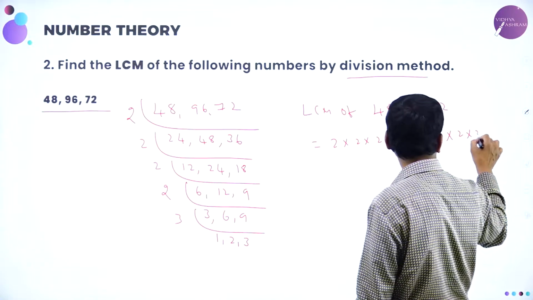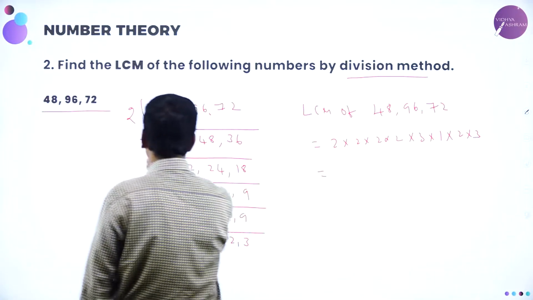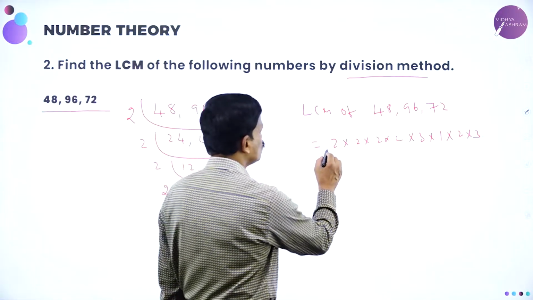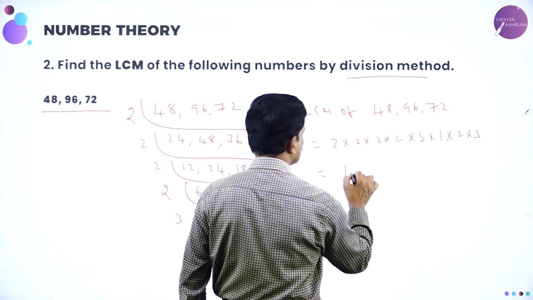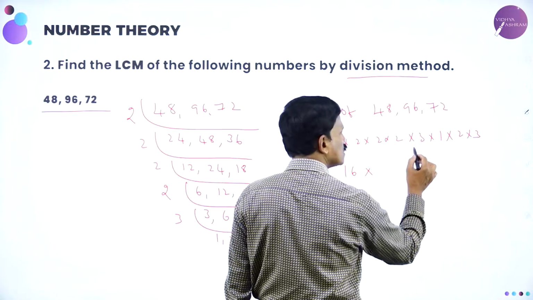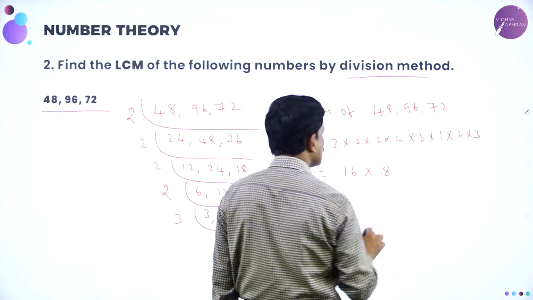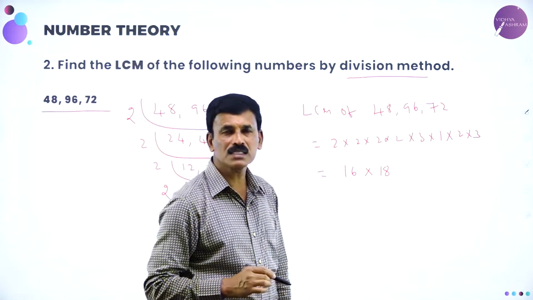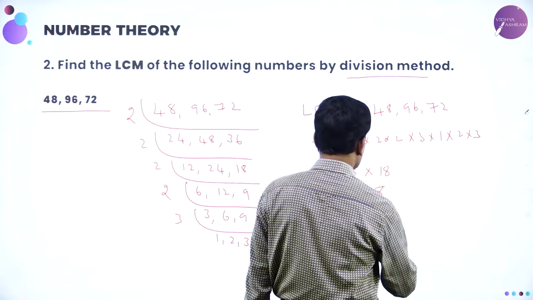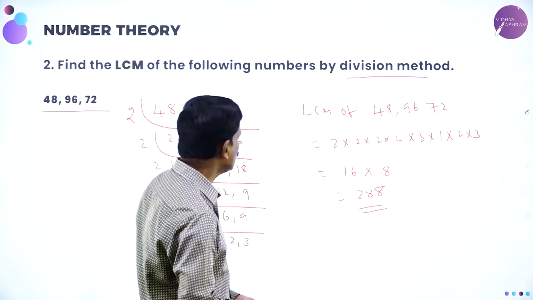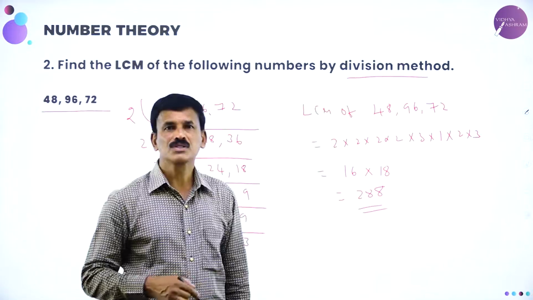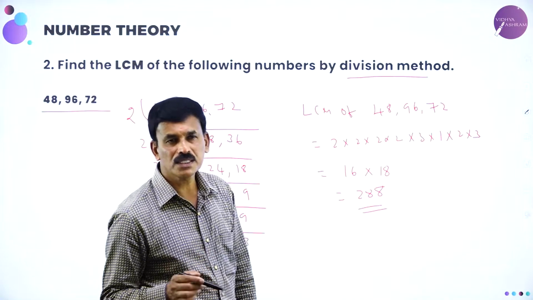Multiply this. 2 2s are 4, 4 2s are 8, 8 2s are 16, 16 into 3, so 3 2s are 6, 6 3s are 18, 16 into 18. If you simplify this, you are going to get 288. That's it. 288 is the LCM of 48, 96 and 72. Hope you followed. So 288 is the correct answer.